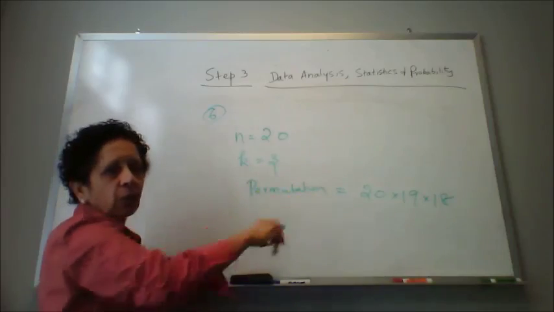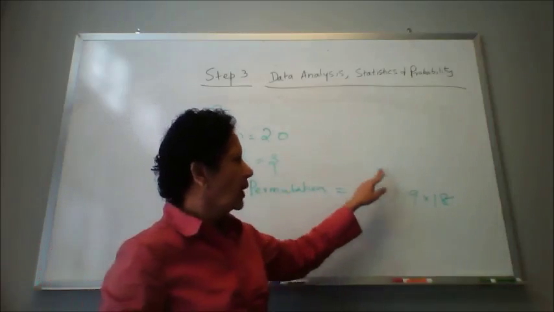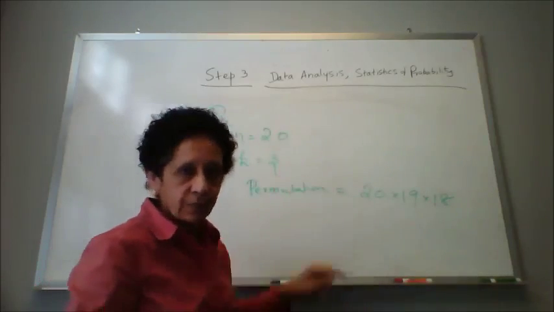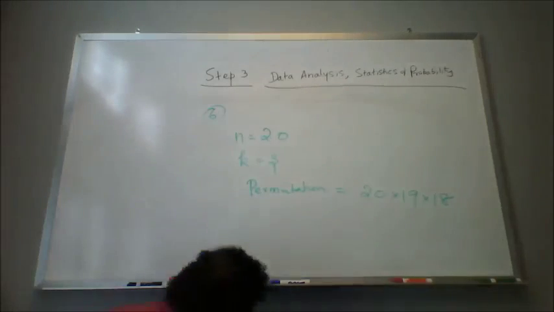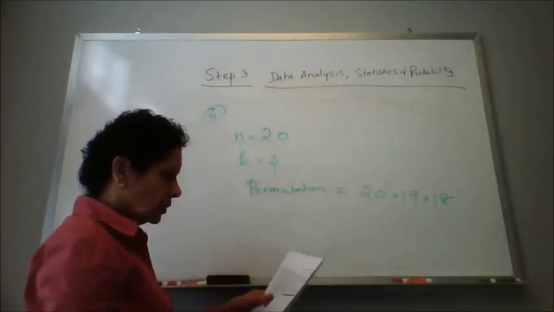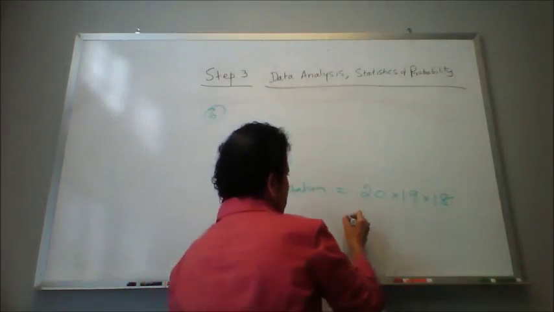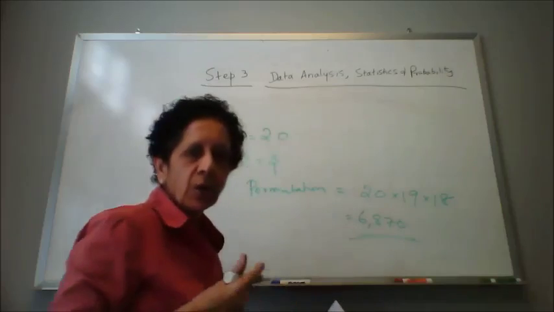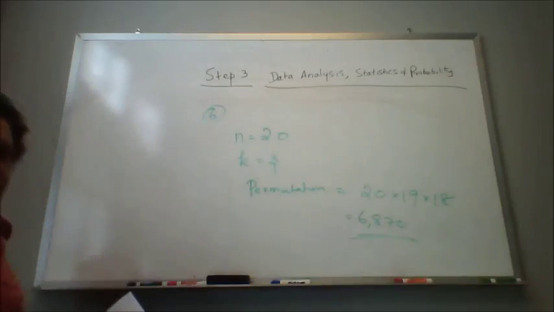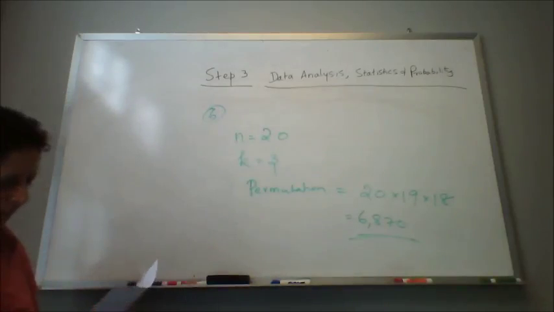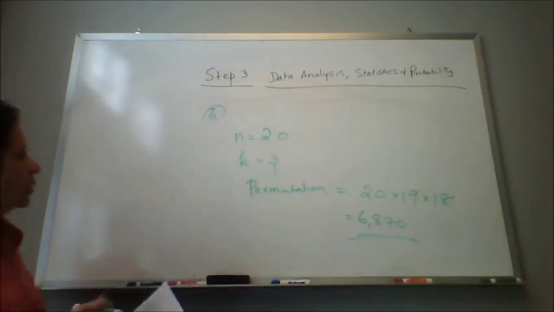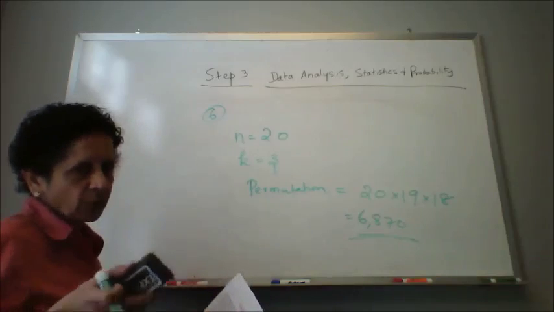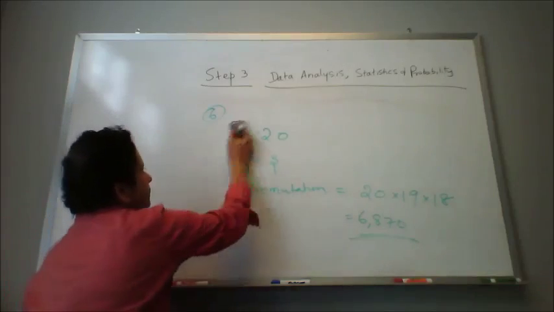So I start with 20, then 19, then 18, stop, because k equals 3, okay? When you multiply 20 times 19 times 18, that comes out to be 6,870 possible permutations, okay? So once you look at the keywords, it should be very obvious which formula to use.